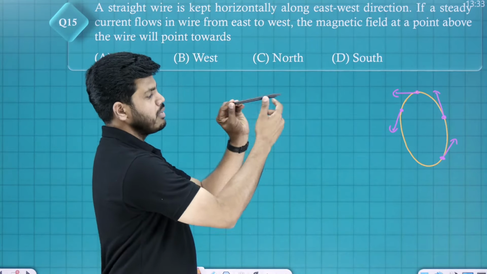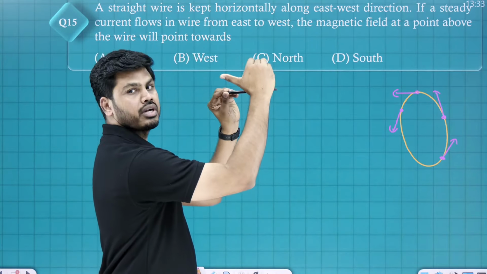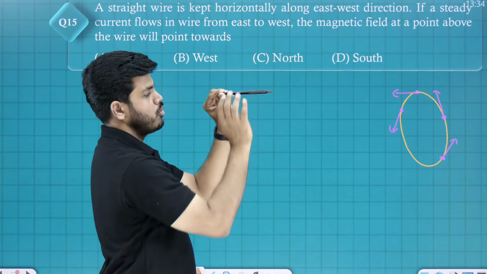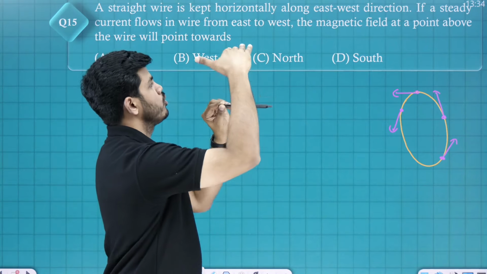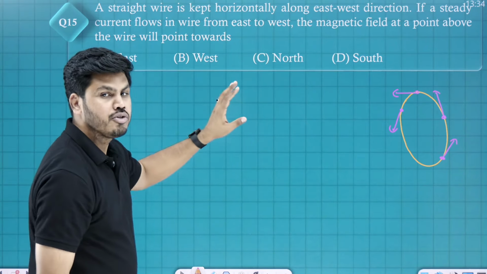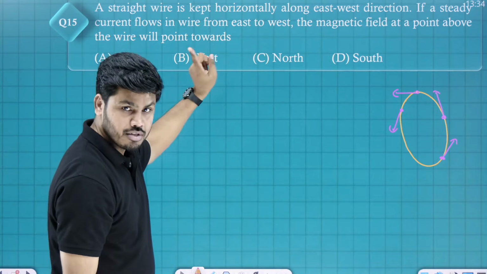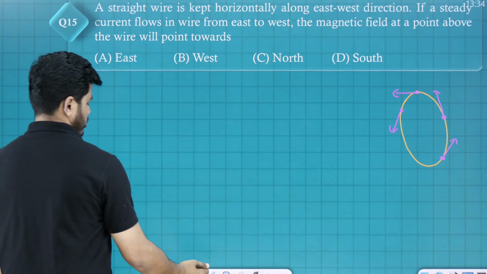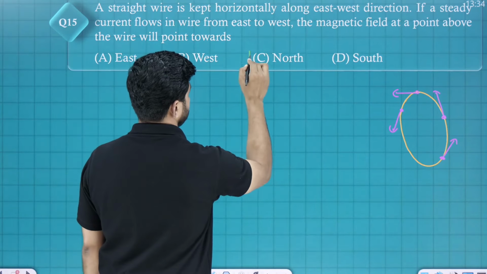So if the magnetic field is going around the conductor like this, and you're asked to find the direction of field above the wire, when you reach a point above the wire, your fingers will go tangentially. Tangentially to what direction? Which side was this? It is the north, right? So the magnetic field is going towards north. So the answer will be option C, north.